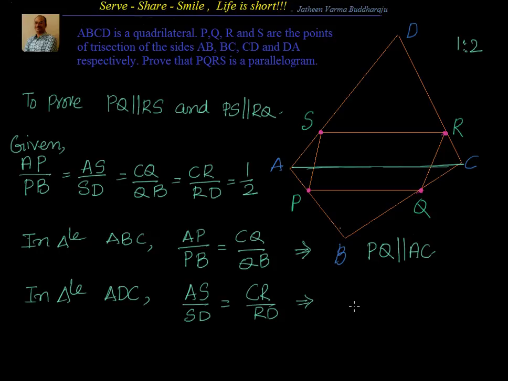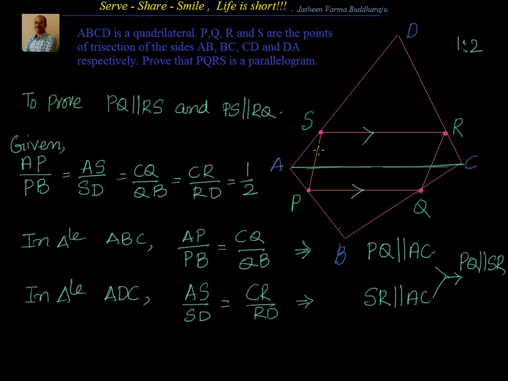Therefore, I can go ahead and say that AC is parallel to SR, or SR is parallel to AC. From these two, I get PQ is parallel to SR. Now we are able to prove that PQ is parallel to SR.